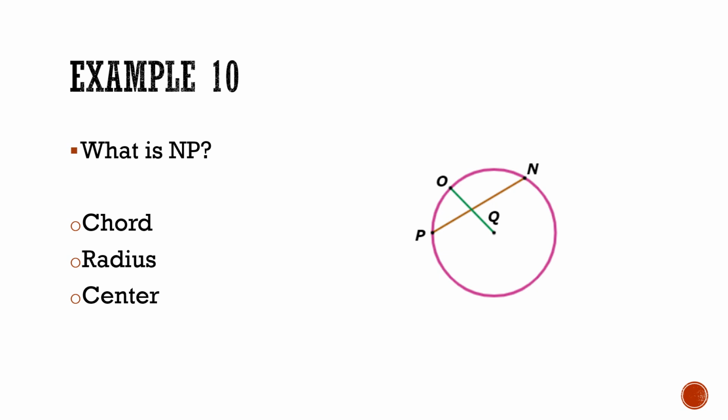What is NP? Line NP, again, it's passing through and coming to each edge of the circle. So is this a chord or is it the diameter? Since it does not pass through the center of the circle, once again, it is a chord.